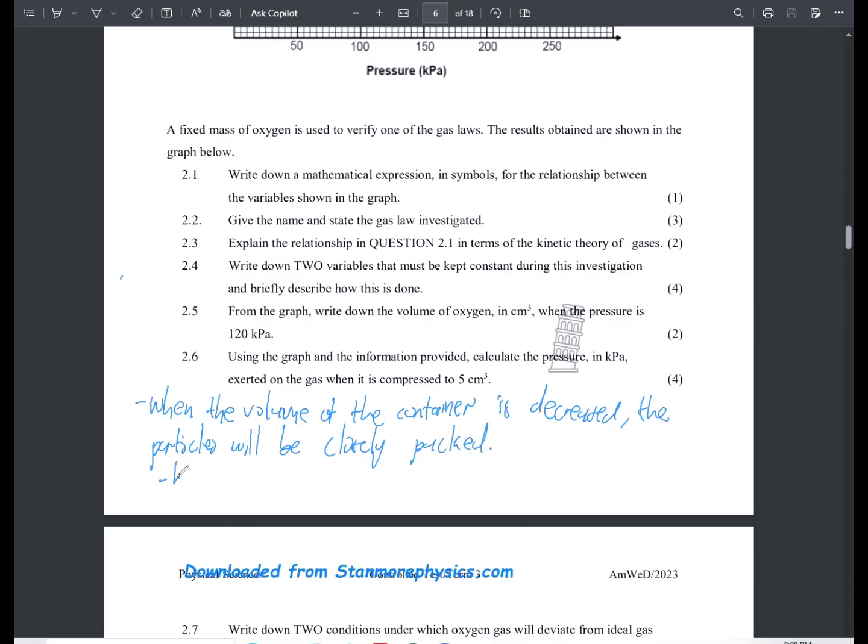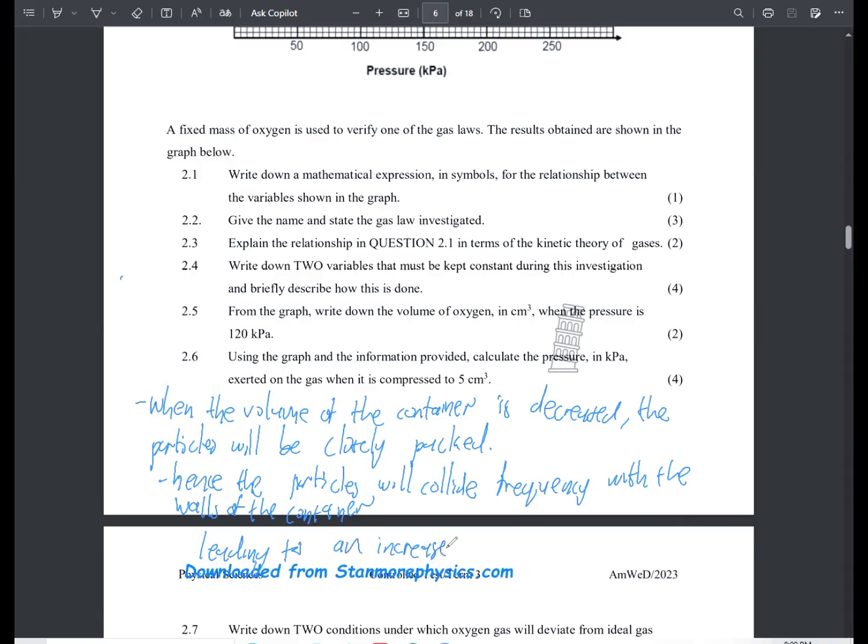And then hence the particles will collide more frequently with the walls of the container, leading to an increase in pressure.